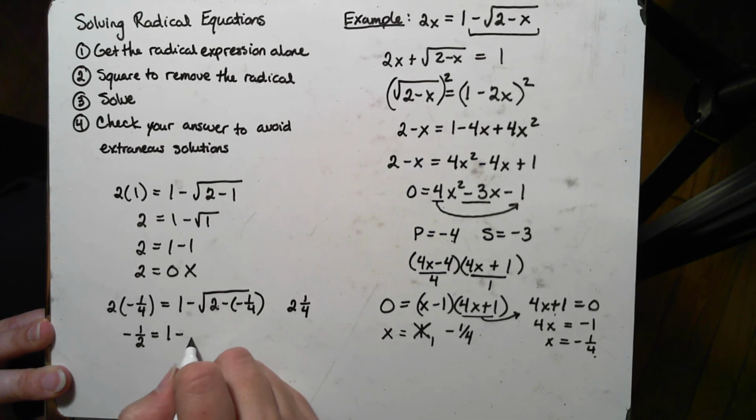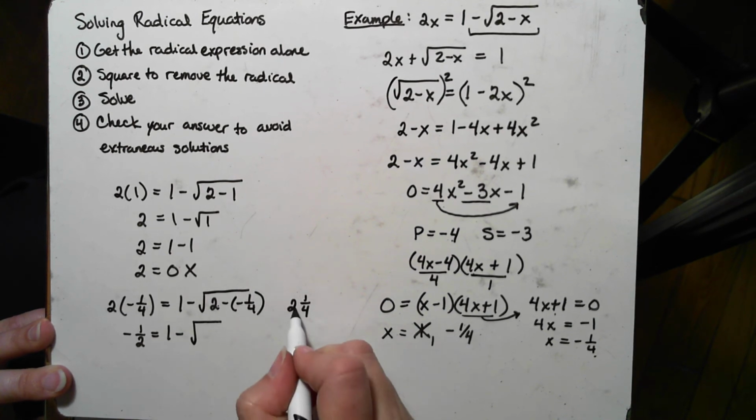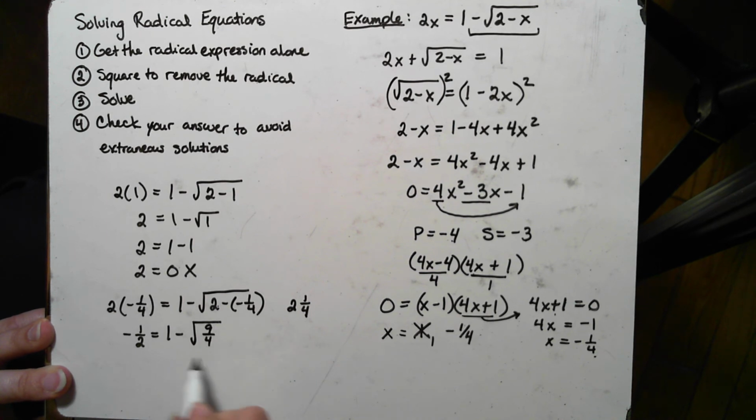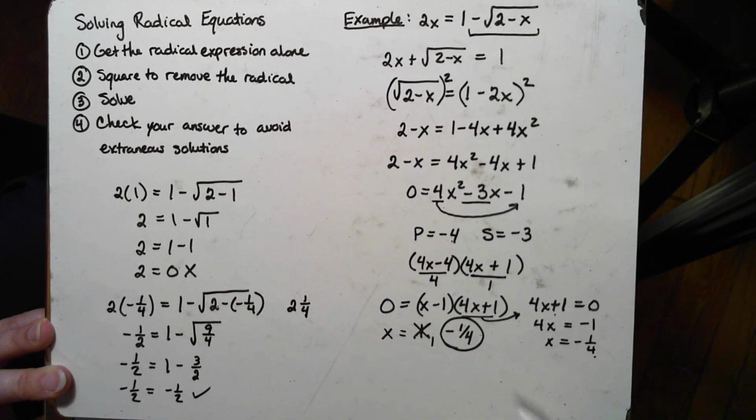And I want that as an improper fraction so it's easier to simplify. 2 times 4 is 8 plus 1 is 9. The square root of 9/4 is 3/2. And 1 minus 3/2 is negative 1/2. So that does work. So negative 1/4 is my answer here.